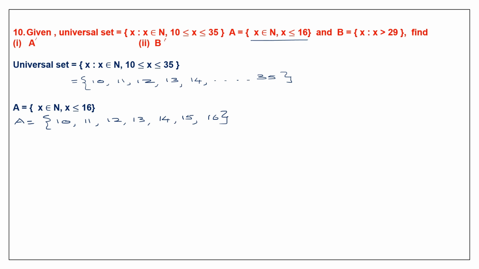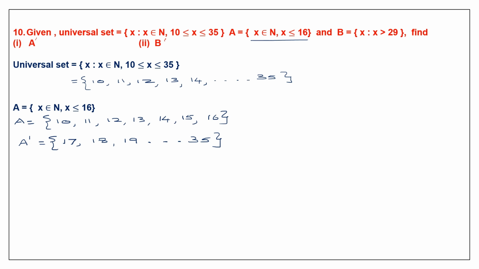Now we have to write the complement of set A. Complement of set A means we leave out all the elements of set A and write the remaining elements which are there in the universal set. So starting from 17, because here we have up to 16. We're going to leave out all these elements and continue from 17. So that will be 17, 18, 19 and so on up to 35.